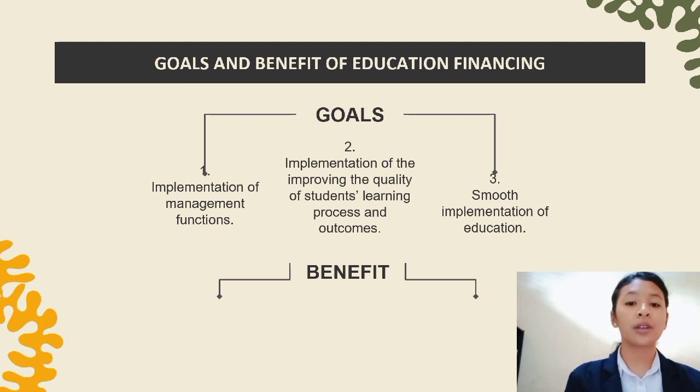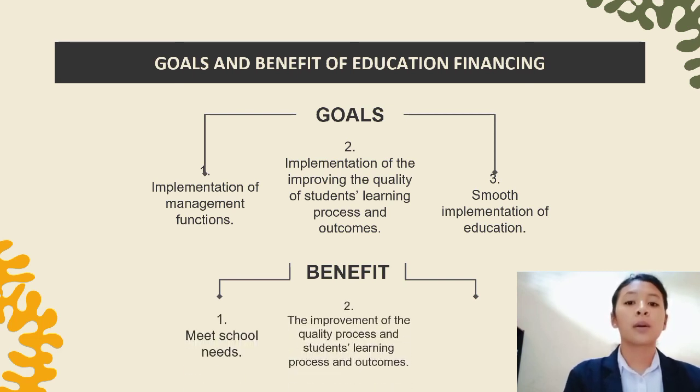The benefits of education financing are, first, it can meet school needs. Second is the improvement of the quality of students' learning process and outcomes. And the last is that it can meet the educational standards.